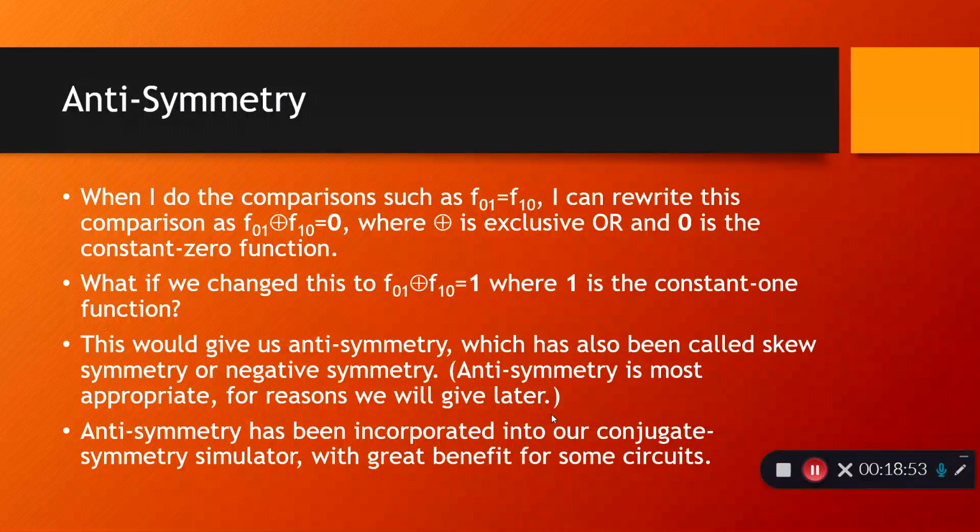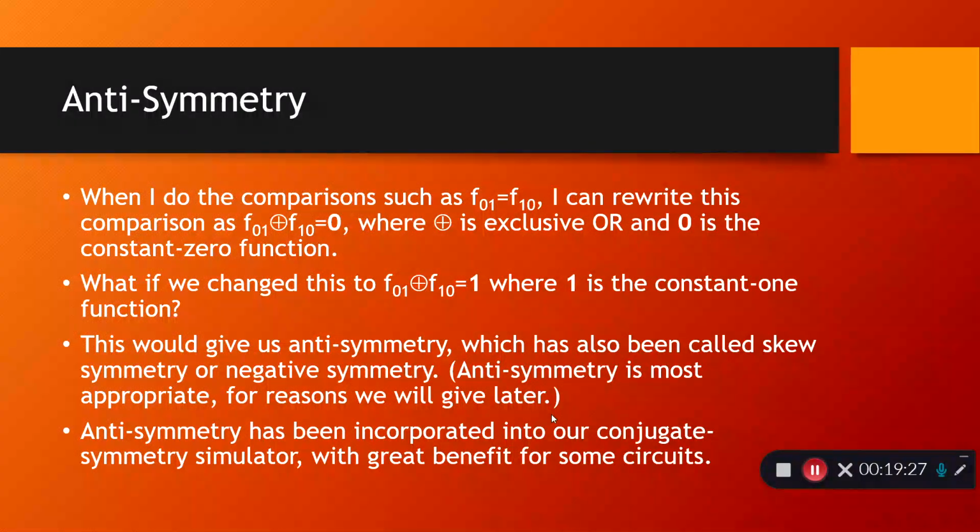What if we changed it so we had the exclusive OR being equal to the constant 1 function? This would give us something known as anti-symmetry. It's also been called skew symmetry. Everything's been called skew symmetry, or negative symmetry. Anti-symmetry is the most appropriate name for it for reasons that we'll give later on.